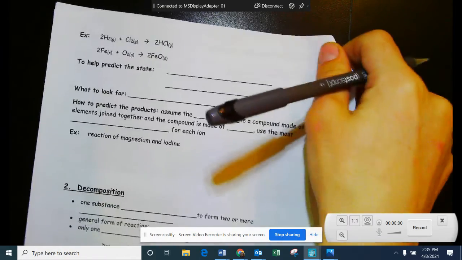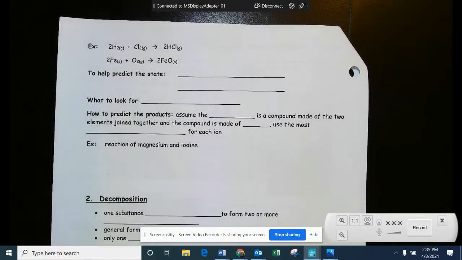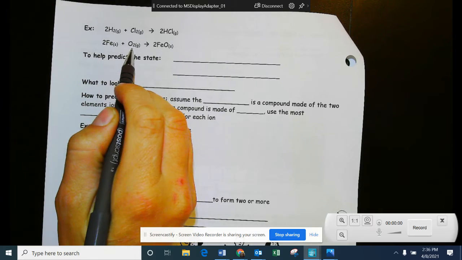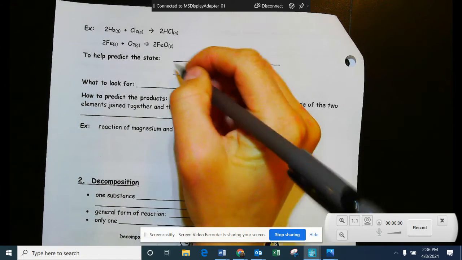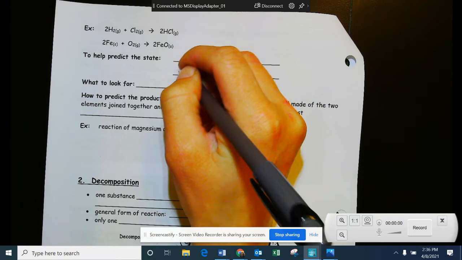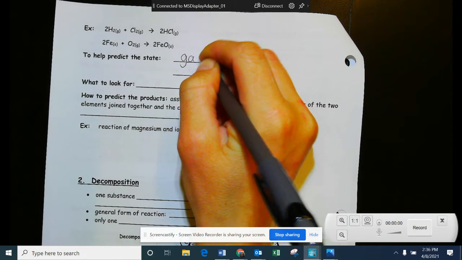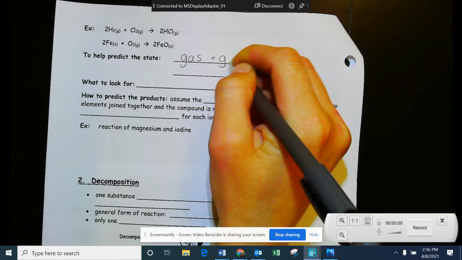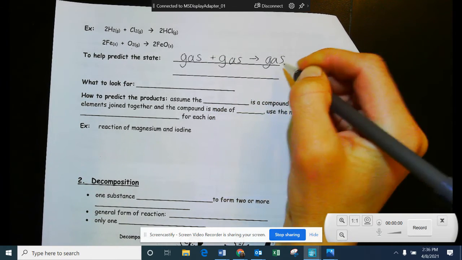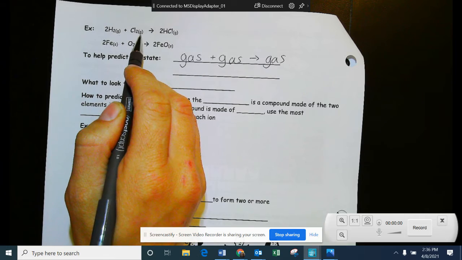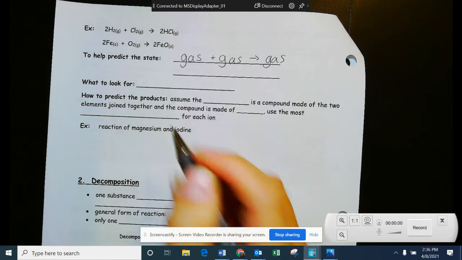Here's a couple examples. So hydrogen and chlorine make hydrochloric acid or hydrogen chloride. Iron and oxygen make iron 2 oxide. So to help predict states, gases plus gases will make a gas. So in this one, you can see I've got a gas, and it makes a gas.